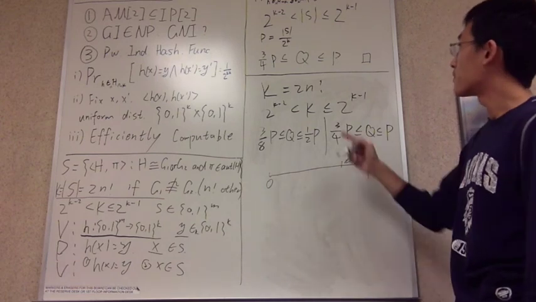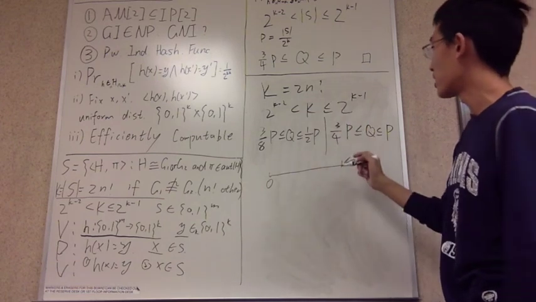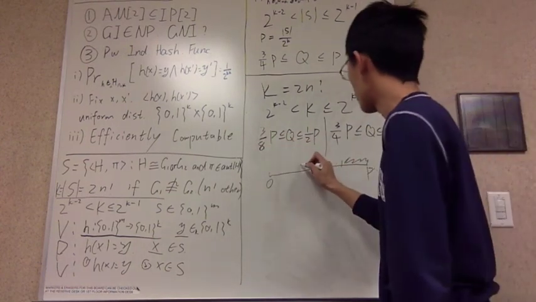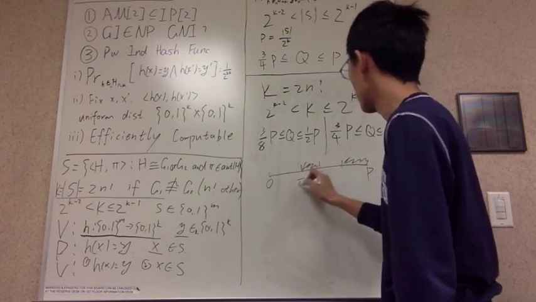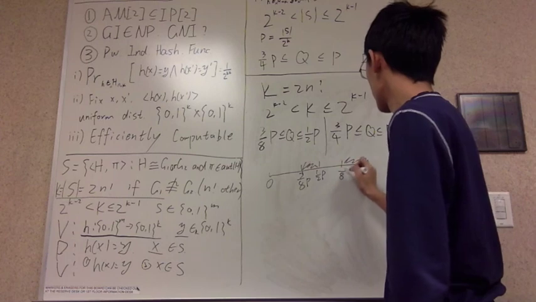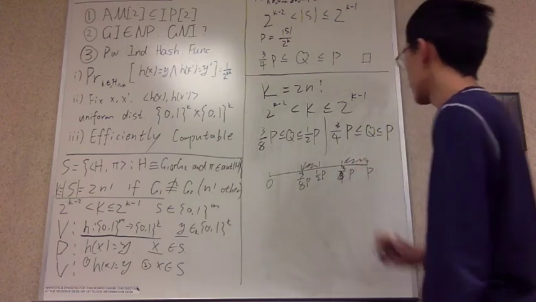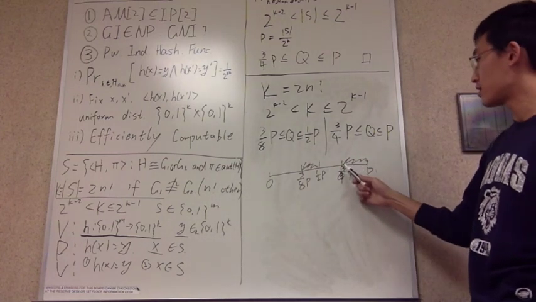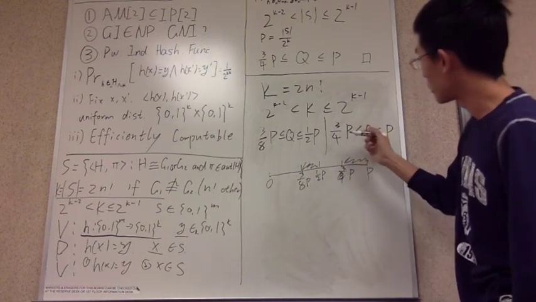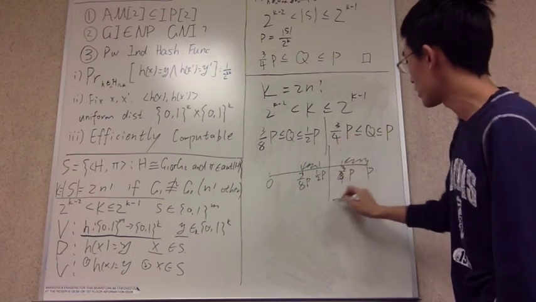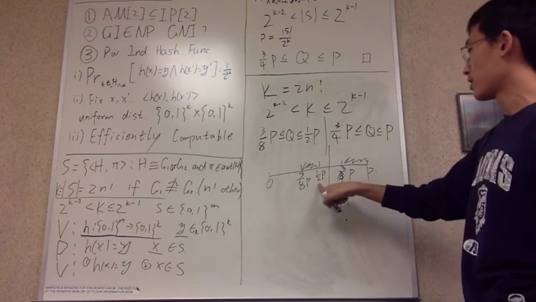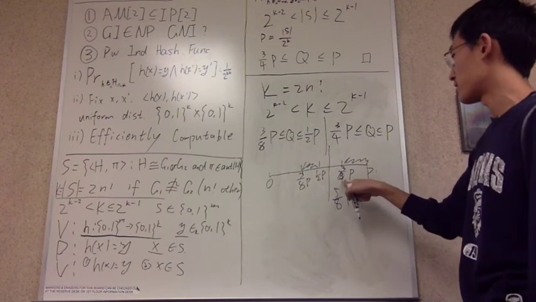And if the size of S is n factorial, it will happen between 3/8 P and 1/2 P, which is in this range. So as we can clearly see, these two ranges are well separated. So we can set a threshold here, which is 5/8 P, which is half of this plus this.